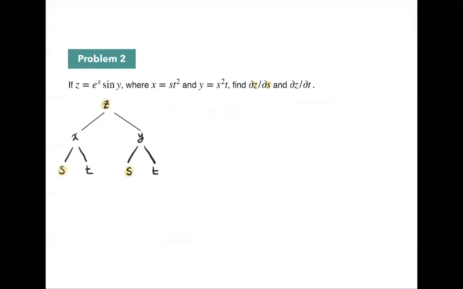I will write more quickly. Here is ∂z/∂x, and here is ∂x/∂s. This is the first one. And for the second one, here is ∂z/∂y, and here is ∂y/∂s. So ∂z/∂s is the same as ∂z/∂x times ∂x/∂s plus ∂z/∂y times ∂y/∂s.